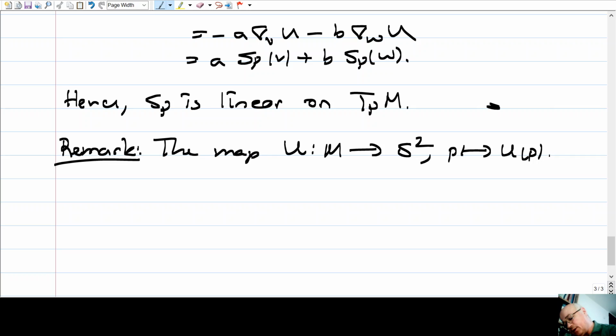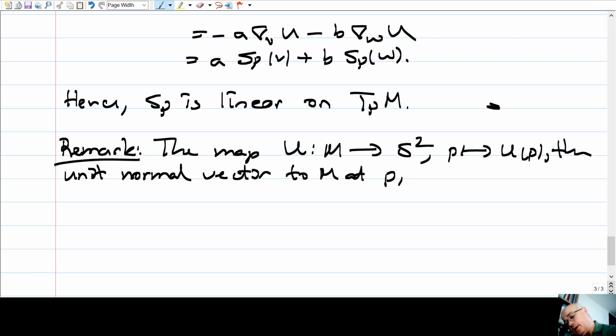The unit normal vector to M at P is called the Gauss map of M.